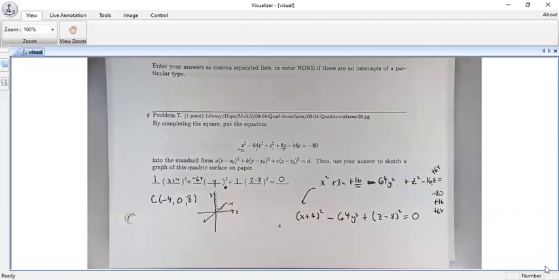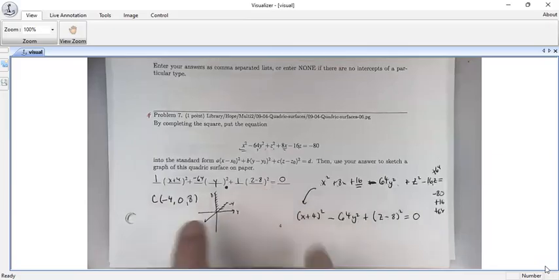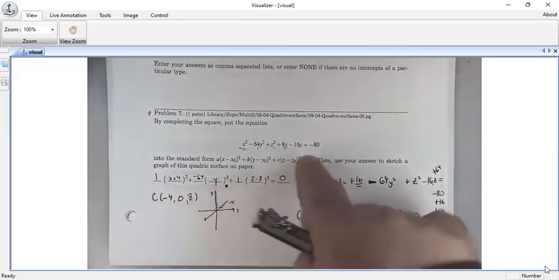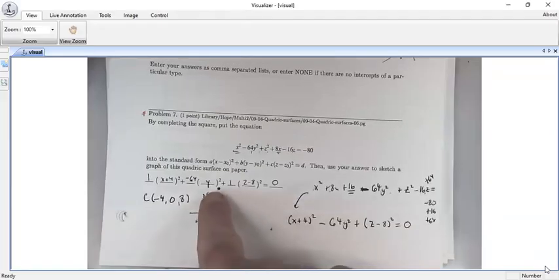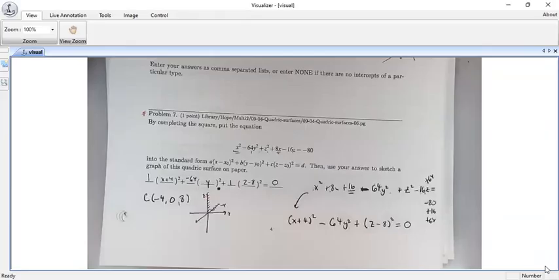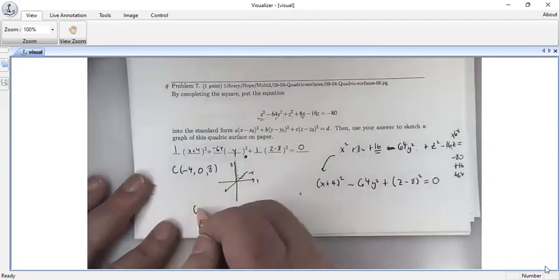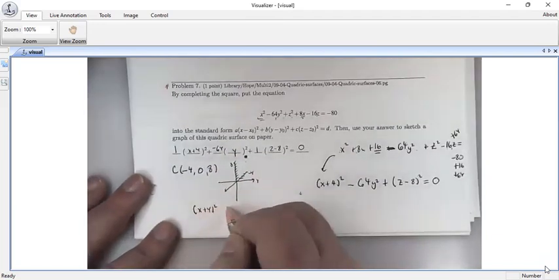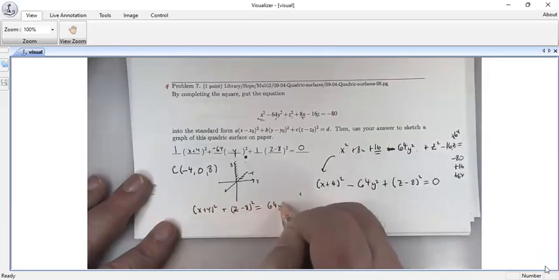But if it was one of these hyperboloids of one sheet or whatever, because I've got 2 positive and 1 negative, it has to be equal to 1. It's equal to 0. You know what you get? Move this to the other side. So you're left with (x plus 4) squared plus (z minus 8) squared is equal to 64y squared.